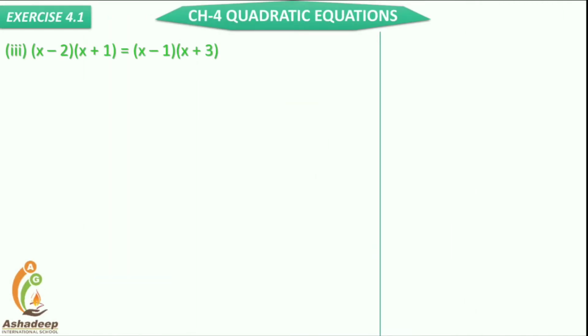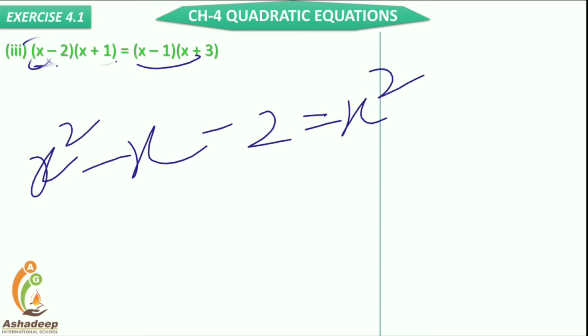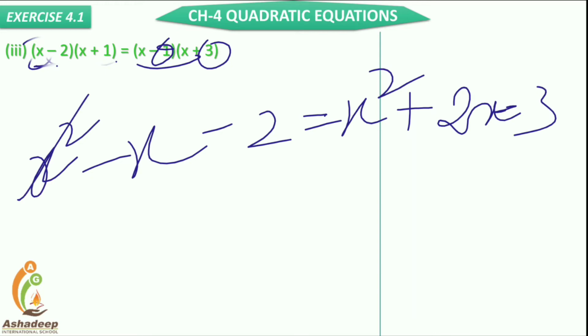Okay, now in this, it's very simple. We have to just open up this bracket. So this is x into x square minus 2 plus 1 minus x, and then 2 ones are minus 2, is equal to the same here. This is x square minus 1 plus 2x minus 3. Right? See, x square and x square cancel out.